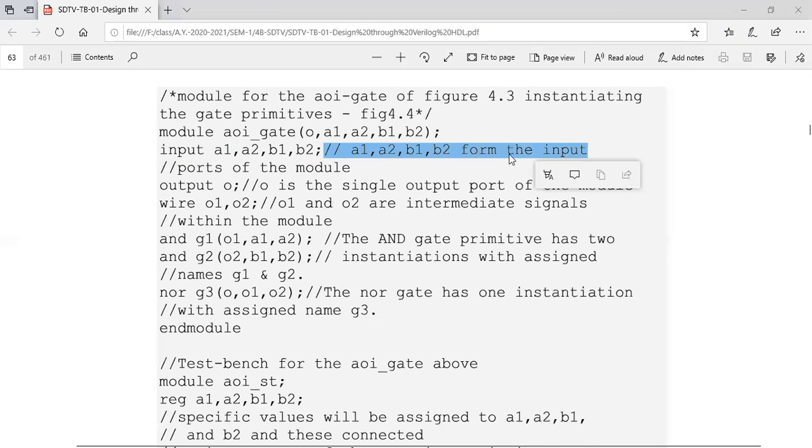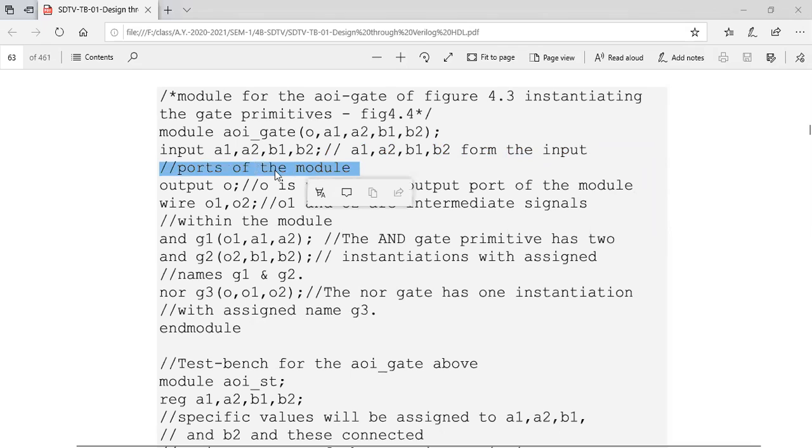A1, A2, B1, B2 form the inputs. What are these? These are the ports of the module, right? We are mentioning the ports of the module, and we have an output. So this is output O.